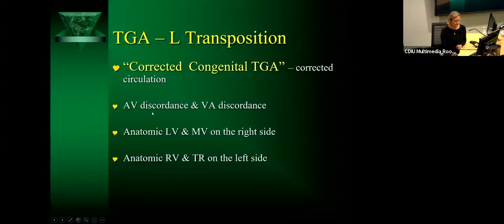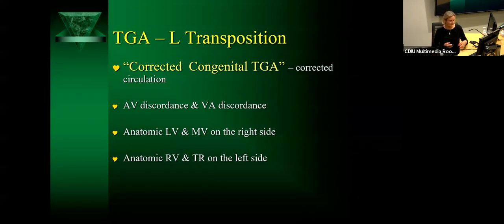So congenitally corrected, remember the ventricles are switched. So we have AV discordance. The right atrium is going to the left ventricle. The left atrium is going to the right ventricle. That is AV discordance. Then the left ventricle here is going to the pulmonary artery. That is discordant.